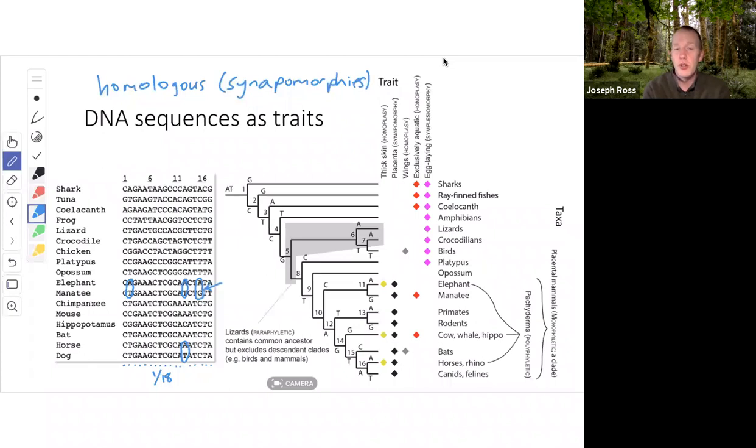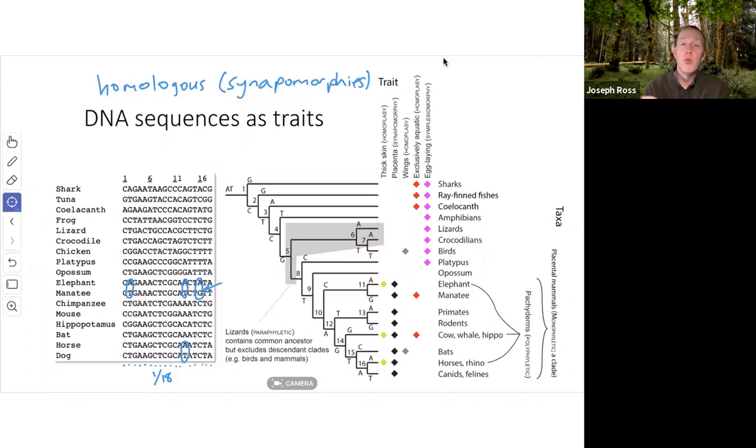But again, those two sequences are very similar to each other. They're not as similar as in this example, cats and dogs, but they're pretty similar. So the closer the pair of sequences are in the alignment, the more closely related on this tree those species will be.